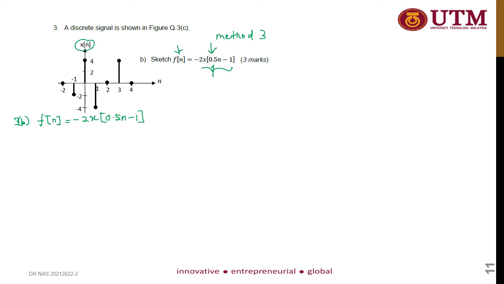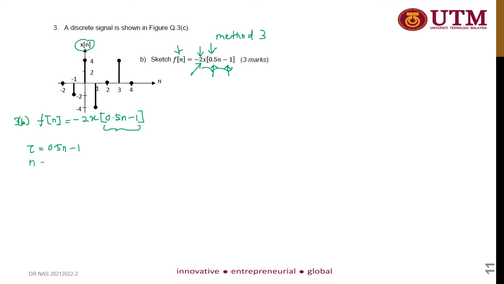You have scaling, and then shifting, and then amplitude inversion and also amplitude scaling. I recommend you to solve the time-based operation first inside the bracket. So now represent the one inside the bracket as tau. So tau equal to 0.5n minus 1.